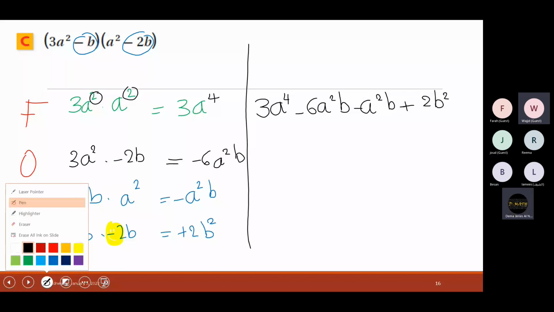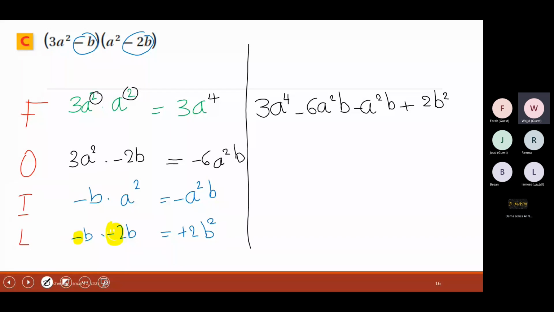Now then, where are the like terms here? Negative 6a squared b and negative a squared b. These are the like terms. They have the same variable with the same power. Now, how will you combine them?